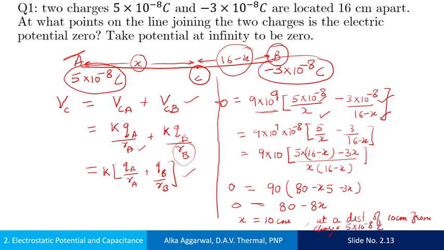Solving this equation, taking 10 to the power minus 8 common, it is left. Do the cross multiplication and multiply these two quantities. This is the result, adding 5x and 3x. So x is equal to 10 centimeter from the charge 5 into 10 to the power minus 8 coulomb.